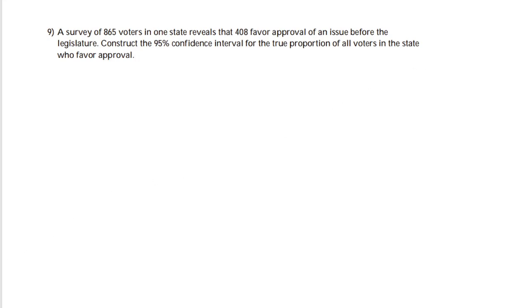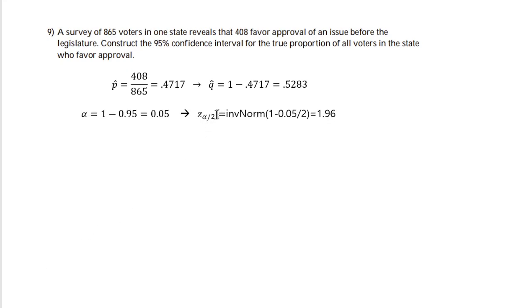Okay, so for this you should start out by finding the point estimate. Just divide 408 by 865, you get some proportion. And of course, to get the margin of error, you need a q hat, so you do 1 minus 0.4717, we got this value.